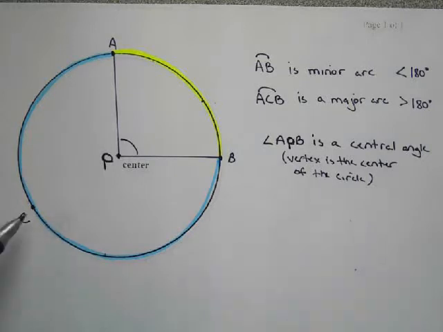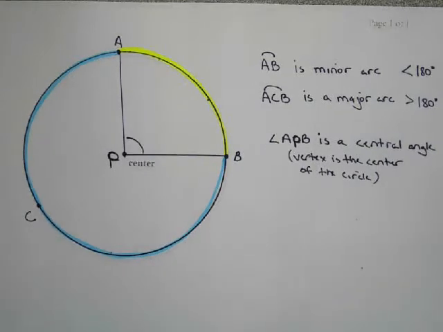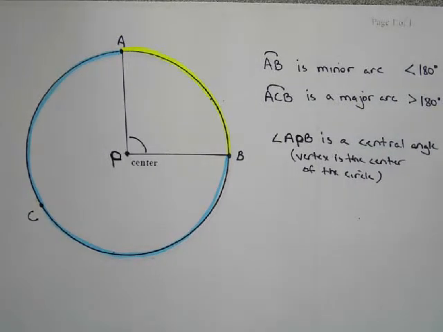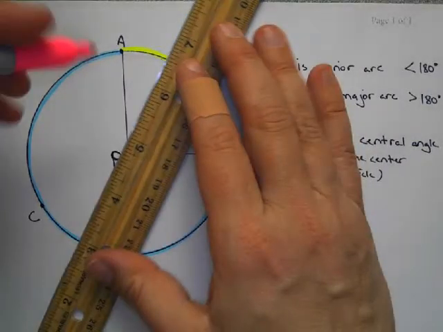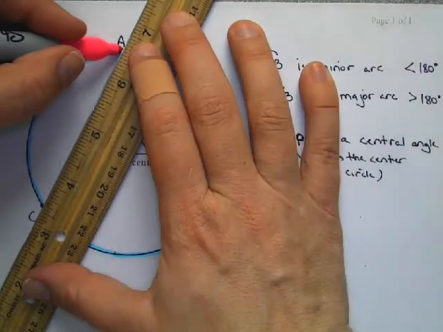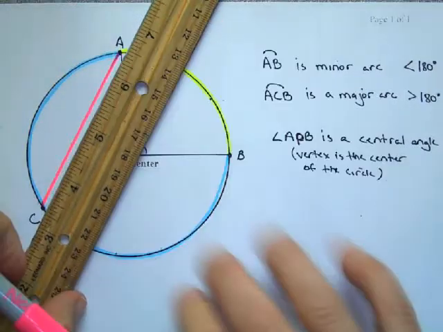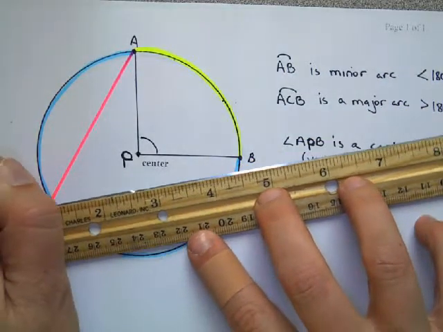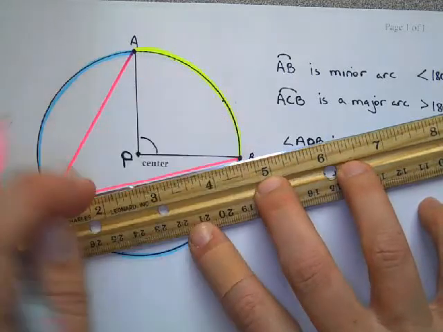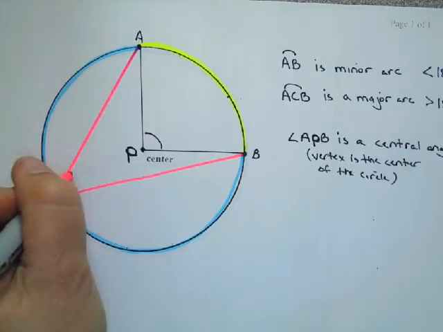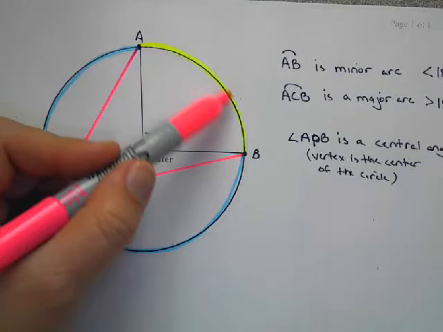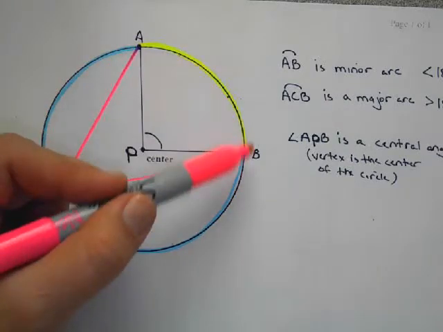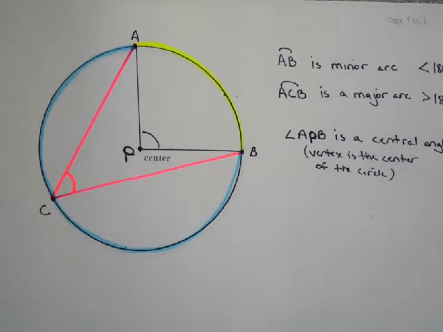So now we can also make another angle. I can connect 3 points on the circle to form an angle. And this angle intercepts the same arc, that yellow arc AB. But now this angle is called an inscribed angle because it's inscribed in the circle.